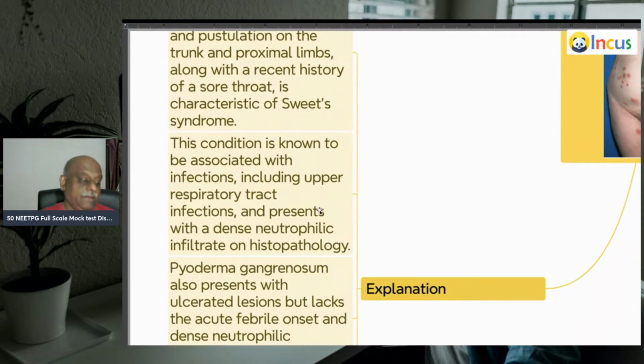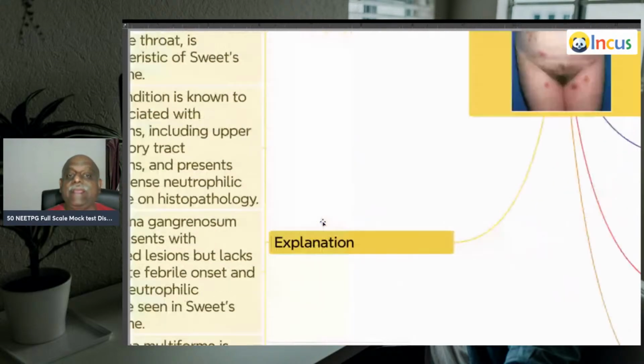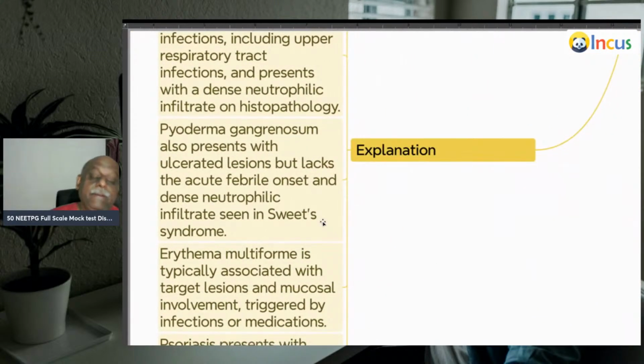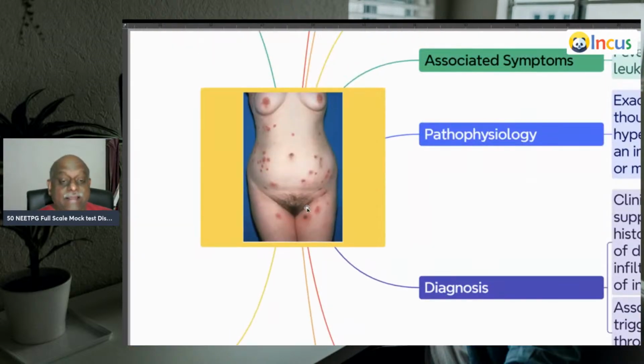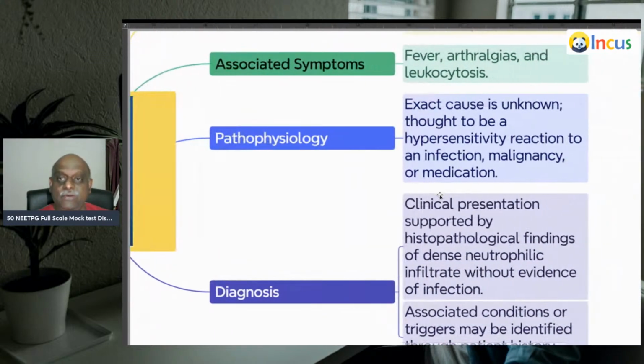Usually, there is a recent upper respiratory tract infection. There is a dense neutrophilic infiltrate on histopathology. Pyoderma gangrenosum also has ulcerated lesions, but there is no acute febrile onset and no dense neutrophilic infiltrate, which is a more characteristic feature in Sweet syndrome, is what you need to remember.